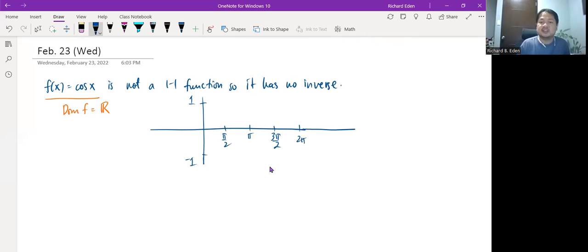Of course, this extends further. Okay, let me, 3 pi, and then 4 pi, and then, okay, dito hanggang -pi. So the graph looks like this. Cosine 0 is 1.